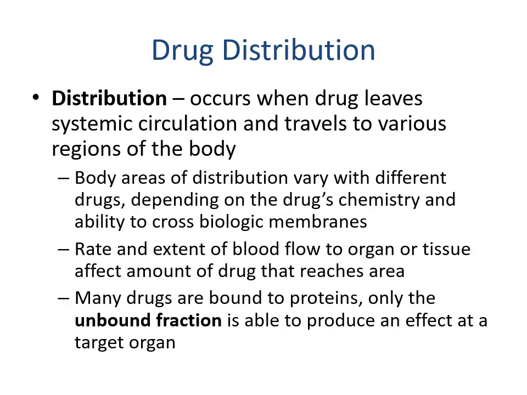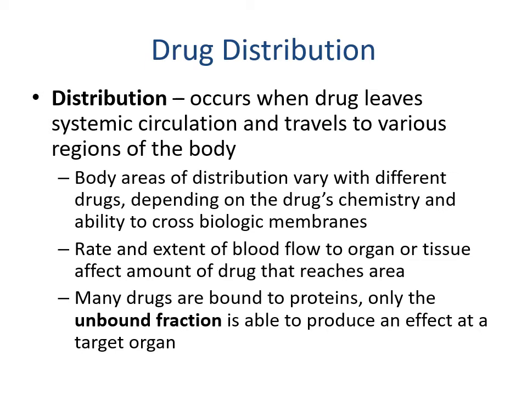Now let's take a look at drug distribution. Distribution occurs when the drug leaves systemic circulation and travels to various regions of the body. So how is it distributed throughout the body? Body areas of distribution vary with different drugs, depending on the drug's chemistry and the ability to cross biological membranes.